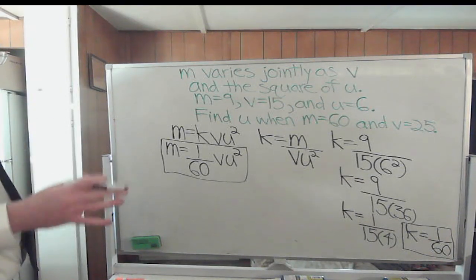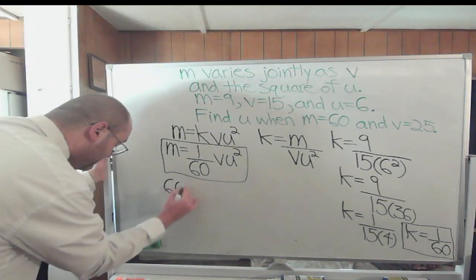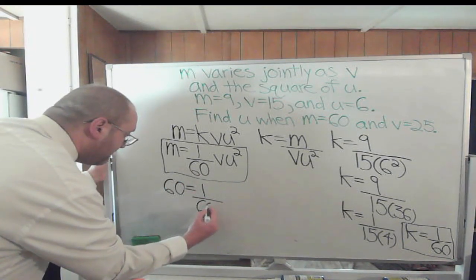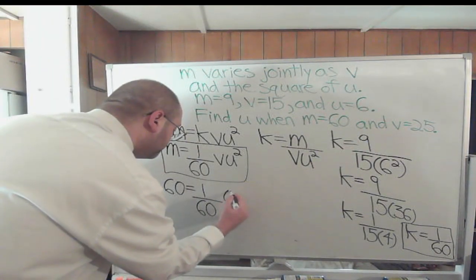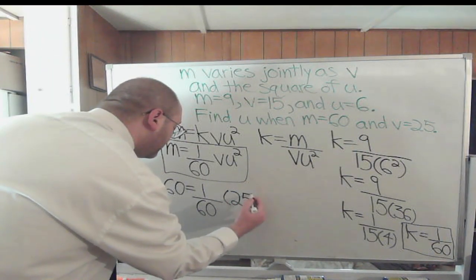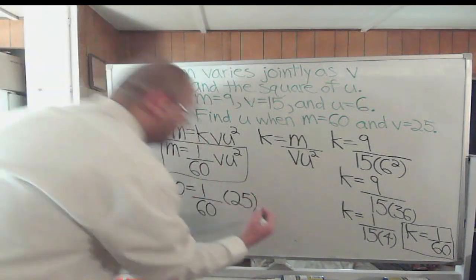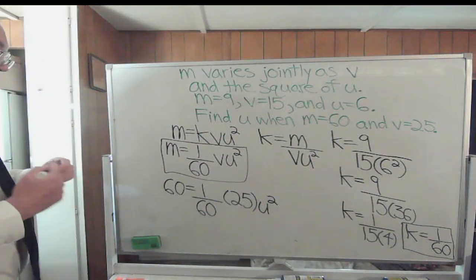Well, we'll start here. M equals 60, so we'll put in 60 is equal to 1/60th times the v, which is 25, and then we don't know u. Well, that'll be u squared. We're ultimately trying to find u.